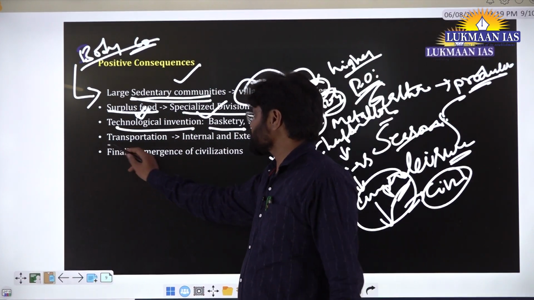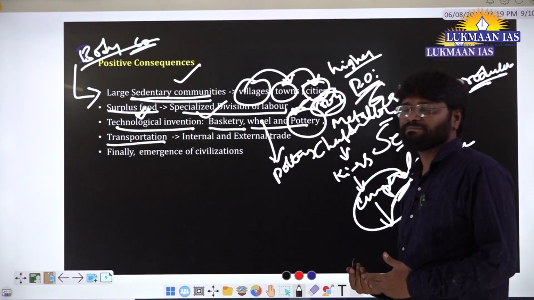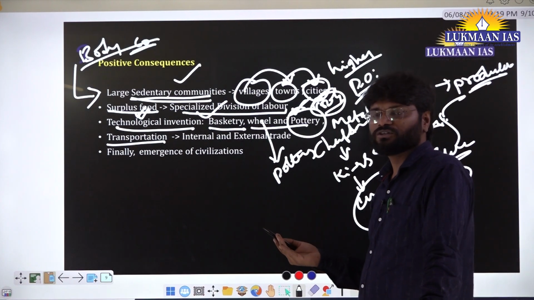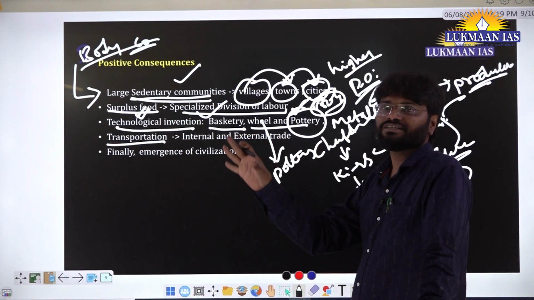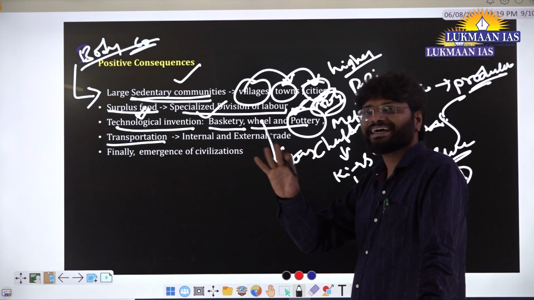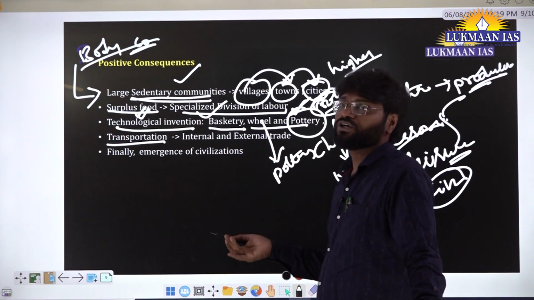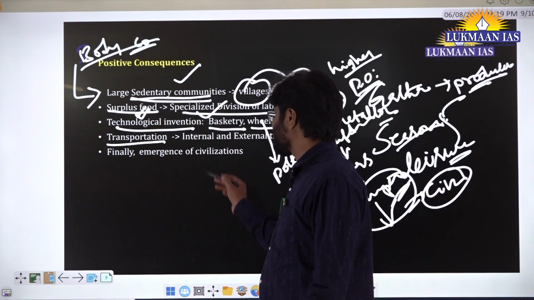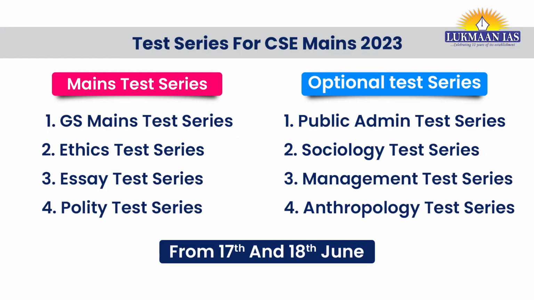For transportation purposes, once the wheel came into being, with surplus food and different regions producing different kinds of diversified foods, these foods were exchanged between regions through transportation, or the emergence of trade. So they conducted internal and external trade.